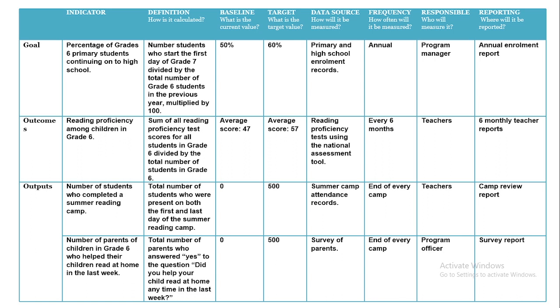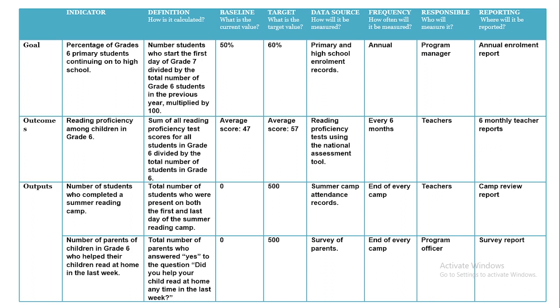The definition of this indicator is how you're actually going to calculate it: the number of students who start grade 7 divided by the total number of grade 6 students in the previous year, multiplied by 100. The baseline for this project is 50%, and the target is an increment to 60%, which is 10% higher.